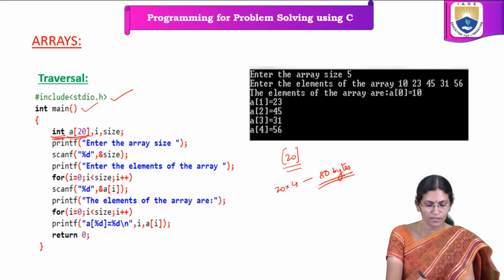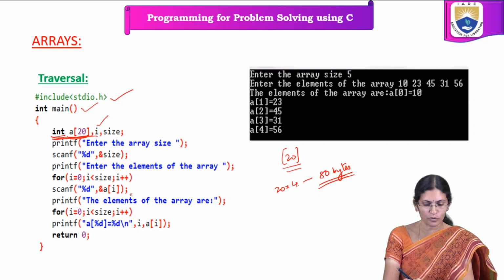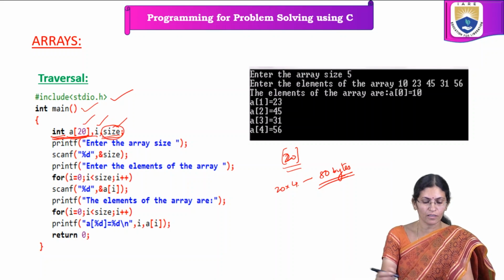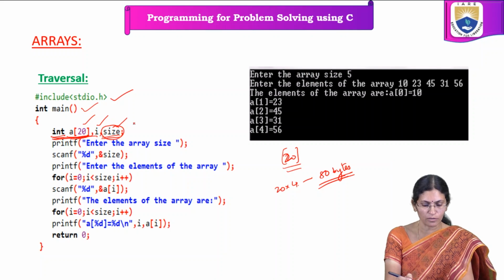for storing this array. Next, another variable is i, in order to loop through the array, and the other variable is size. This size variable is required because, depending upon the requirement, the user can specify the size. The maximum size which the user can specify is 20, or according to his or her requirement it can be less than 20 also. In order to read that value, the variable size has been declared.